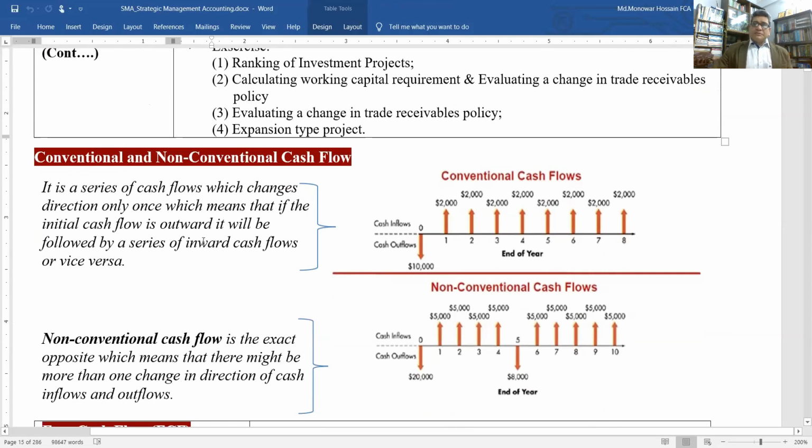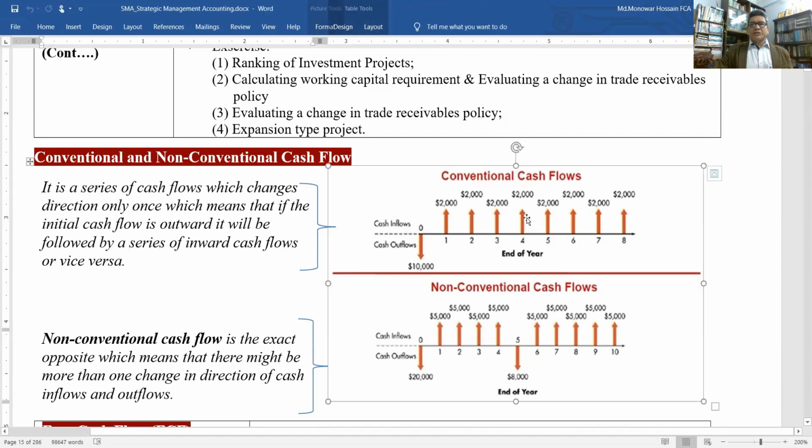Basically, you know everything because you are professionals and you have studied at different levels. So, conventional and non-conventional cash flow. This is the conventional cash flow.